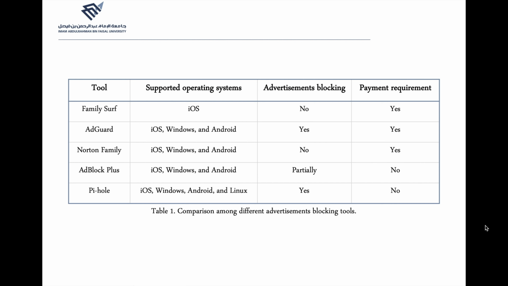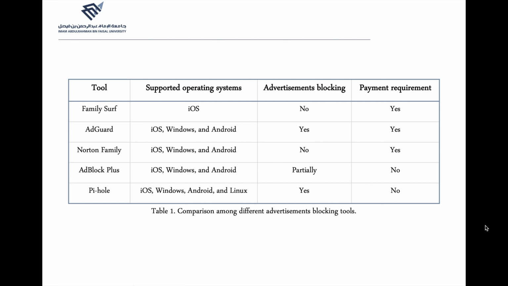To conclude the results of applying the mentioned tools, this table shows a comparison between them. The comparison depends on 4 aspects, which are the tool's name, supported operating systems, advertisement blocking ability, and the payment requirements. FamiSurf supports only the iOS system, doesn't block advertisements, and requires payment.